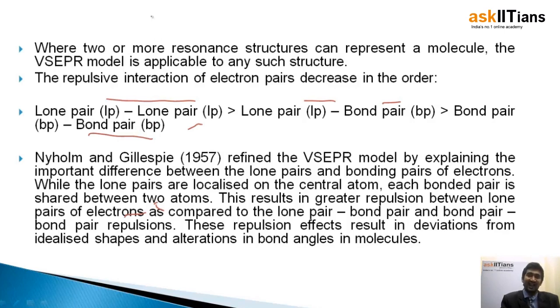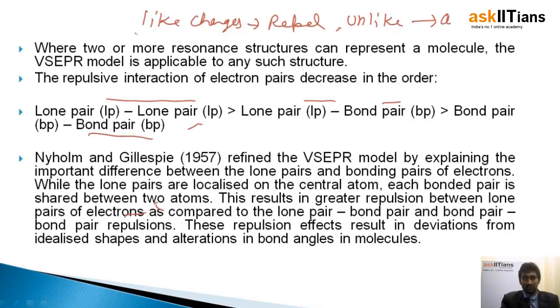So we know that like charges repel each other, and unlike charges attract each other. Here I am talking about electronic repulsion, which will distort the shape of a regular geometry molecule.